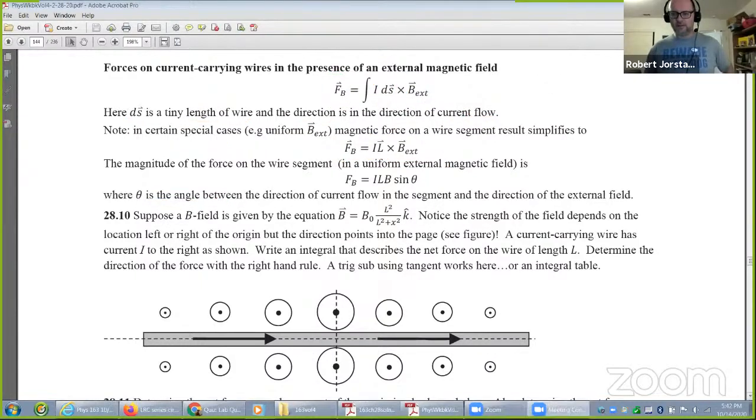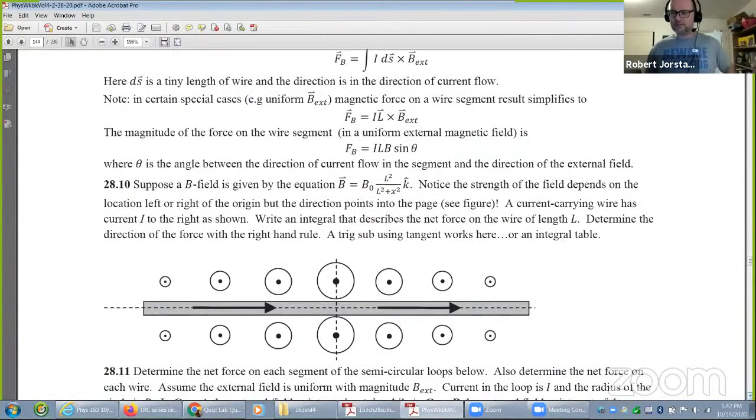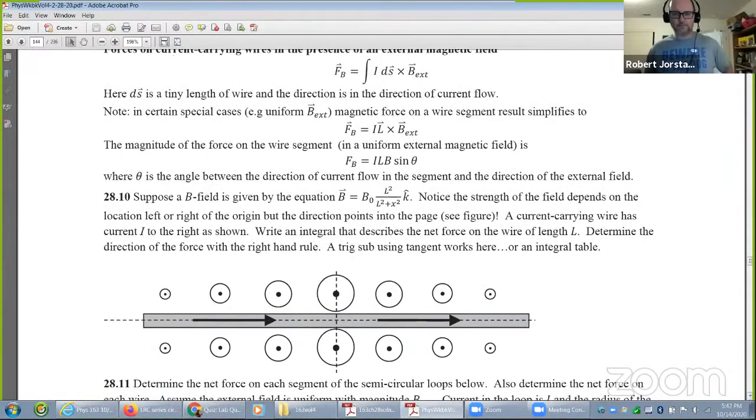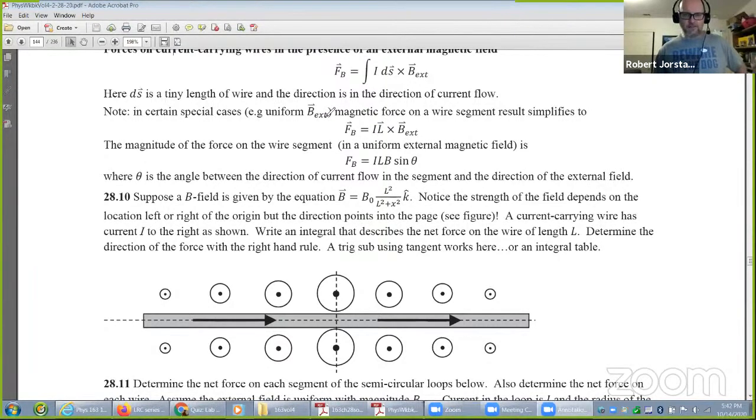Let's scroll down just a little bit. I can fit it all right there. Okay, in this case, the B fields are these dots here. So we've got an external B field here.